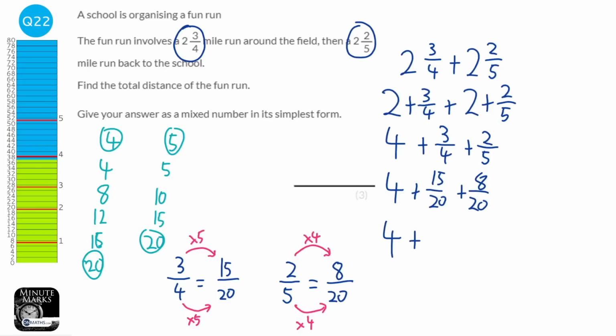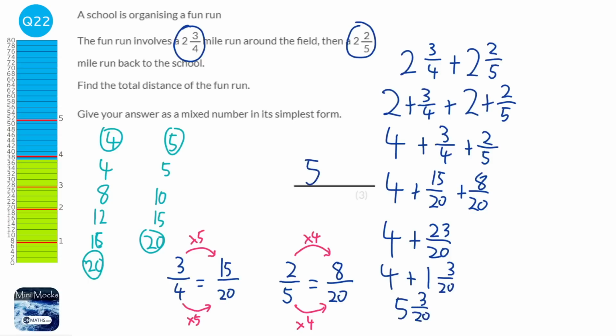So it would be 15 plus 8, which is going to be 23 over 20. Now that is a top-heavy fraction, so we can rewrite that as 1 and 3/20. And we can add the 4 and the 1 together to make 5 and 3/20. So the answer is 5 and 3/20.